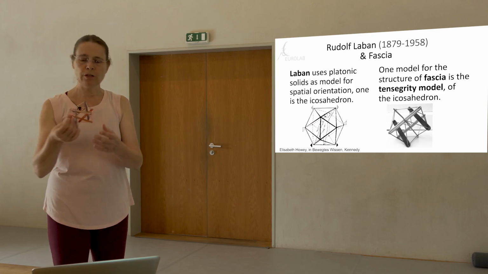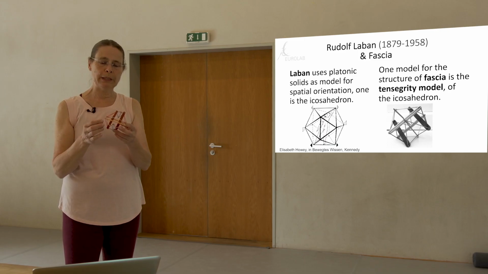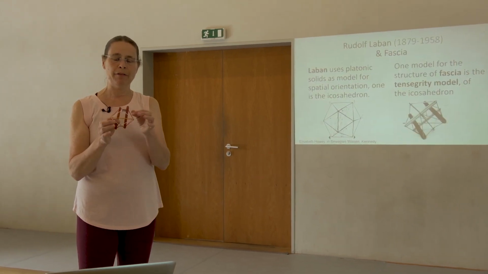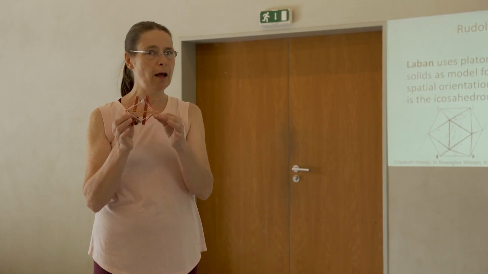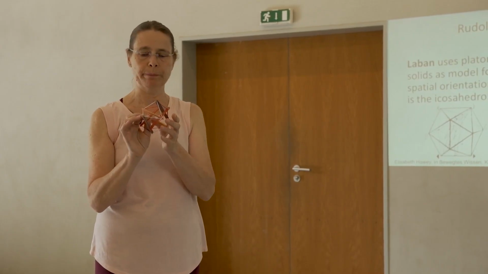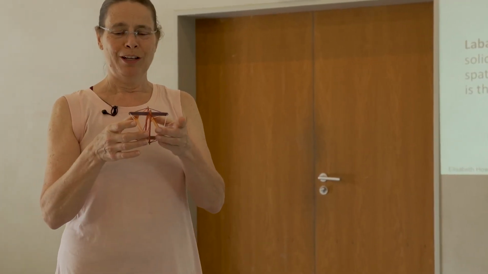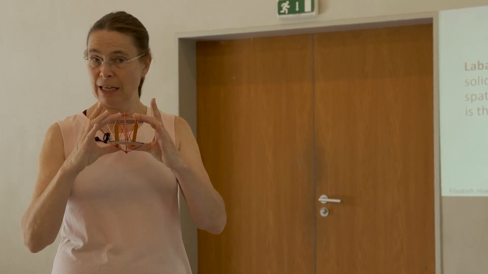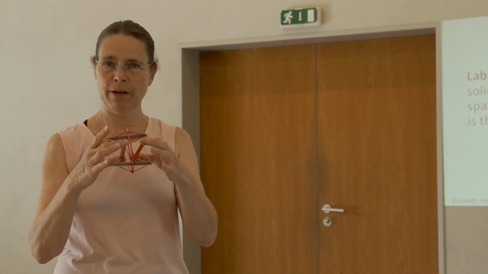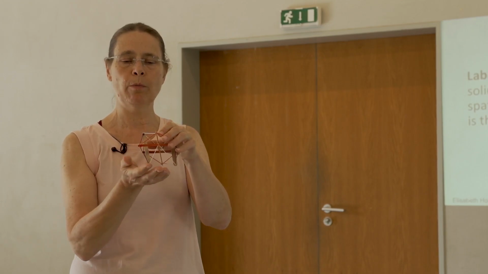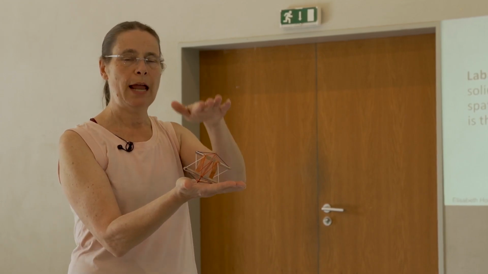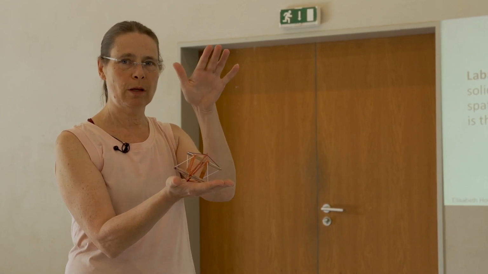The interesting thing about the tensegrity model is that you have these strips in the icosahedron that are not all of the different peripheral connections that you could have. In other words, there are some that are not connected, but the moment that you squeeze it, it will come back.